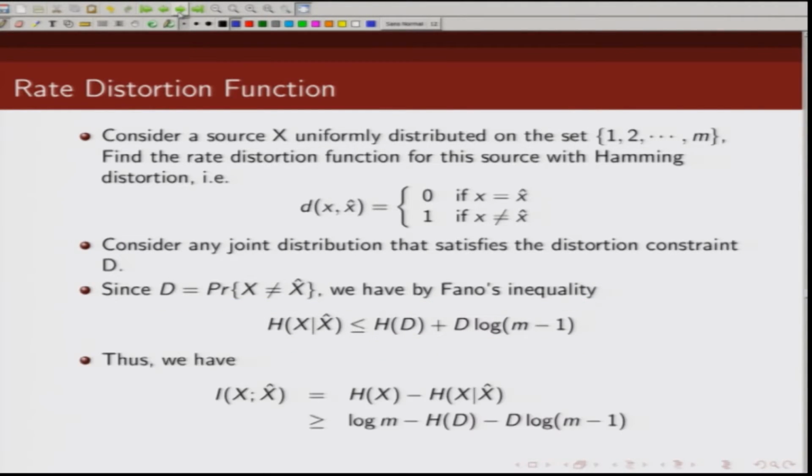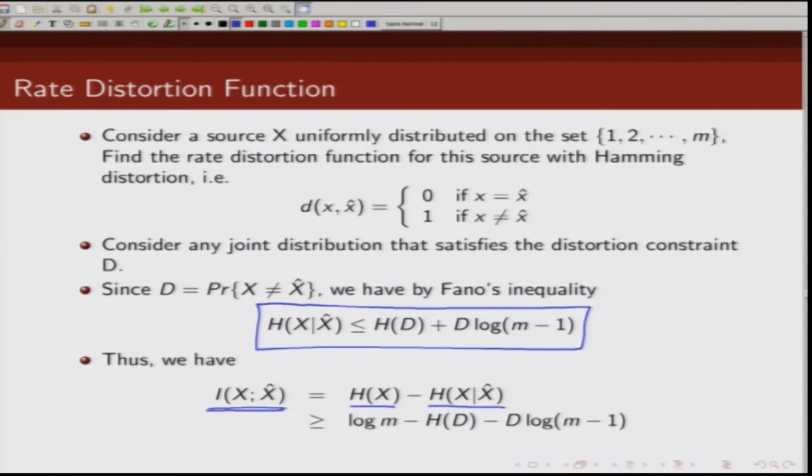Next, we compute the mutual information between x and x hat. This is given by entropy of x minus entropy of x given x hat. Now from Fano's lemma we have an upper bound on H of x given x hat.